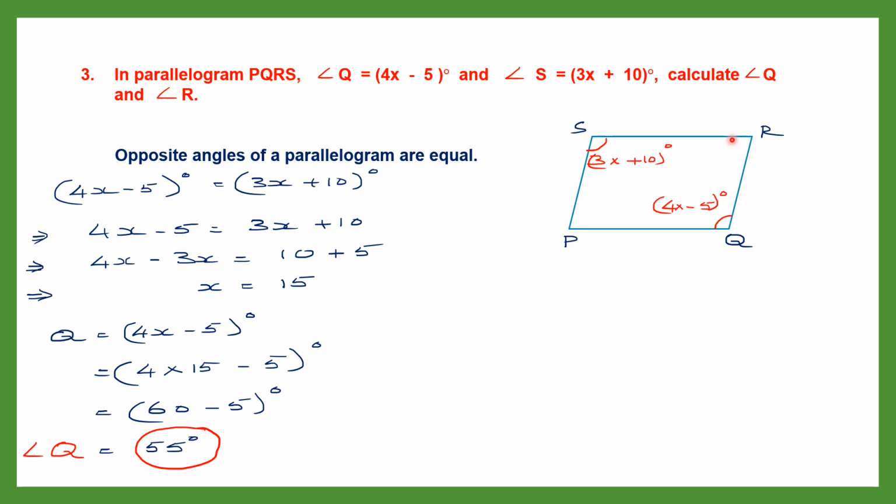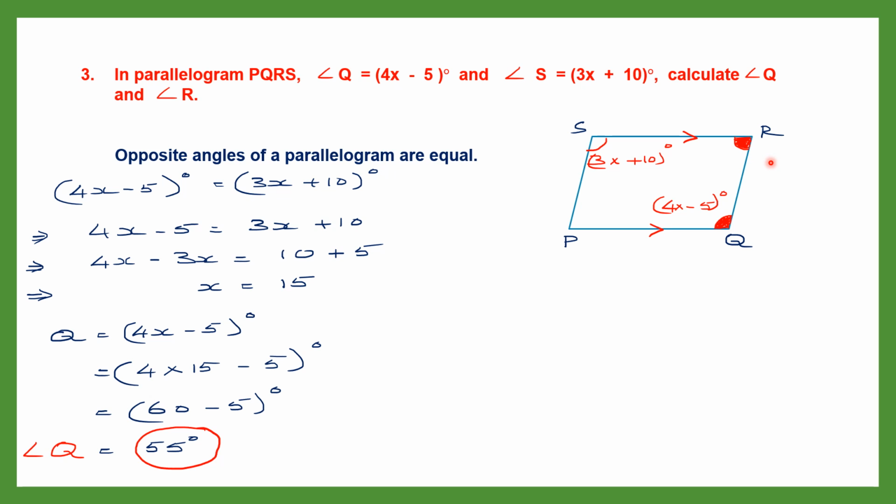Now we have to find the value of angle R. Now angle Q and angle R are here. Now can you see PQ and SR are two parallel lines. They are parallel lines and we can take this line RQ as a transversal which is cutting two parallel lines. So in that case angle Q and angle R, both these angles will become co-interior angles.